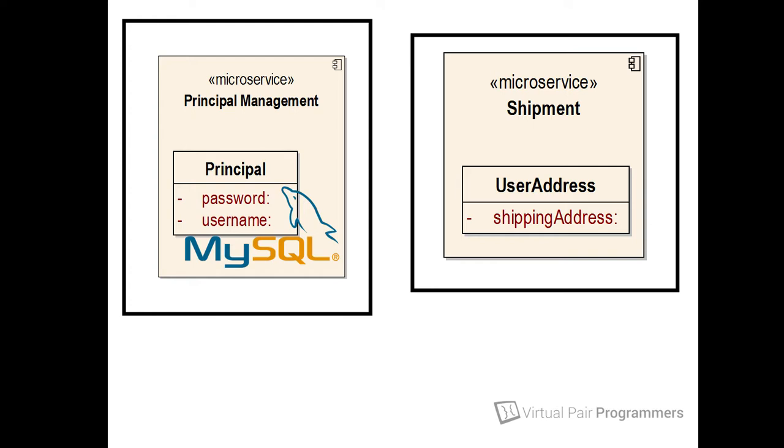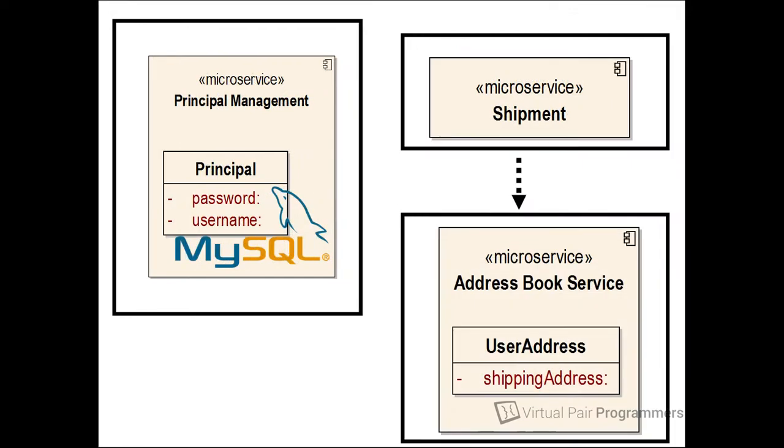Actually, you can probably spot, and I'm thinking now, that this shipping module probably wouldn't be responsible for managing users' addresses, because the job of the shipping module is to do shipping and to schedule deliveries. So there's probably even going to be another microservice responsible for managing users' addresses. I don't know what this would be called. I'm just going to call it the address book service for the purposes of this caption.